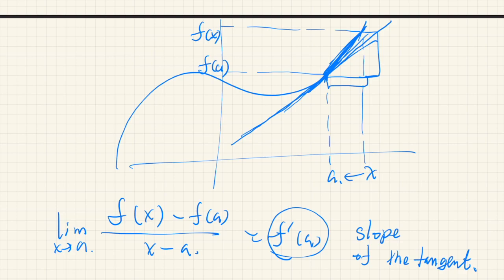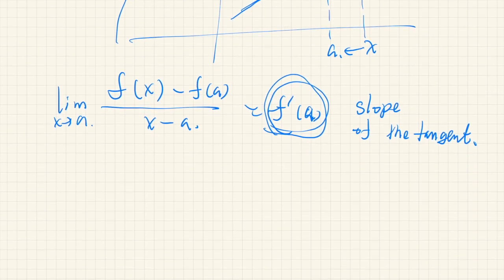Since the slope of the tangent is f prime of a, and that tangent line passes through the point (a, f of a), right? So this point here is a and f of a. So the equation of this tangent line becomes y minus f of a equals f prime of a times (x minus a).